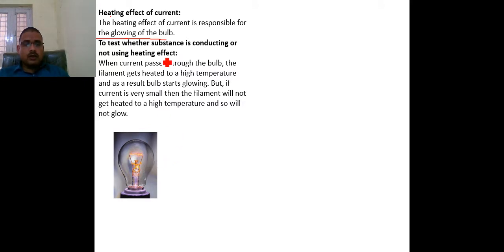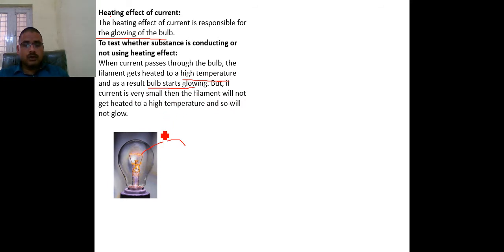Now, to test whether a substance is conducting or not using the heating effect, what happens when the current passes through the bulb? The filament gets heated. Here, this part is basically a filament, and it gets heated to a high temperature. As the temperature increases in this filament, the bulb starts glowing. But if the current is very small, then the filament will not glow.